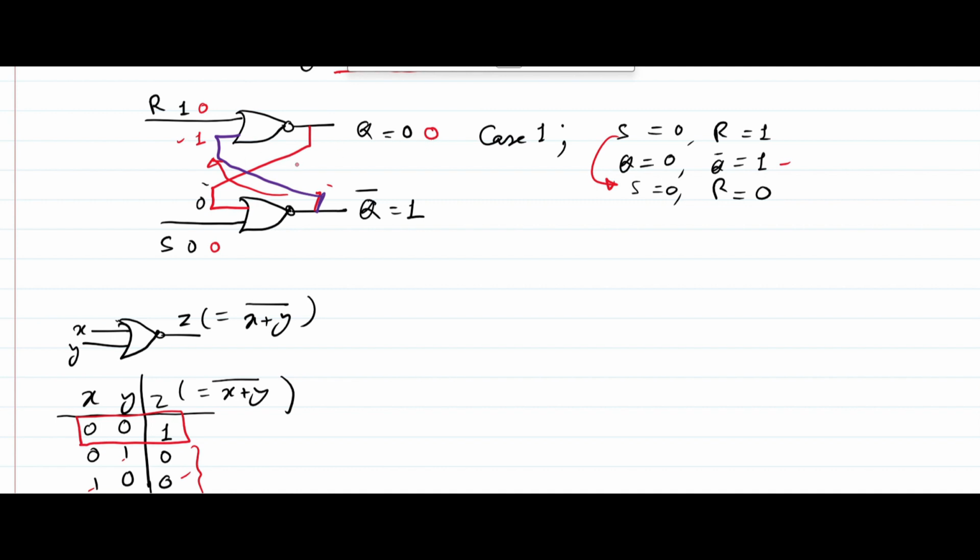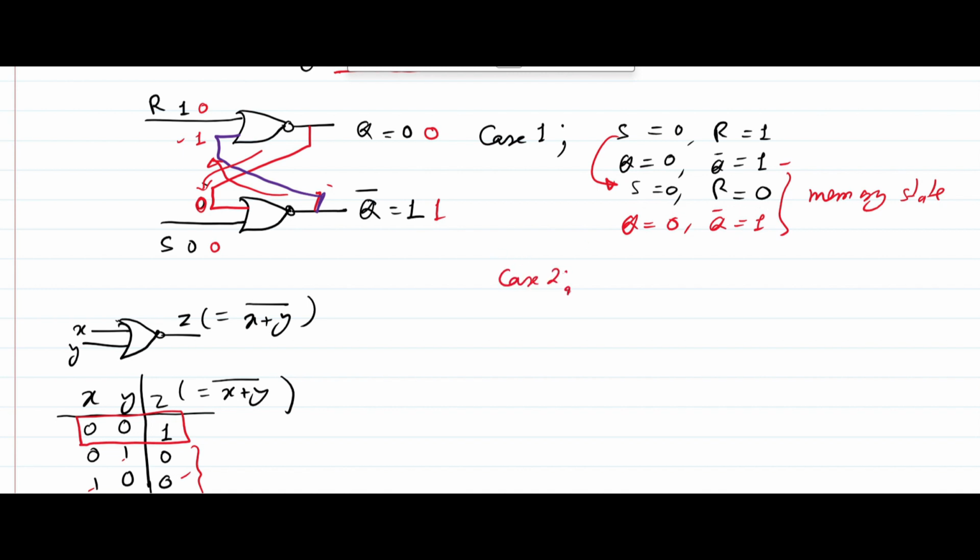Now this 0 comes here, and 0 0 is the input, so the output will be 1. So we have Q equals 0 and Q bar equals 1. That means this is a memory state. The meaning of this is that if we don't want to change my output, we should keep S equals 0 and R equals 0.